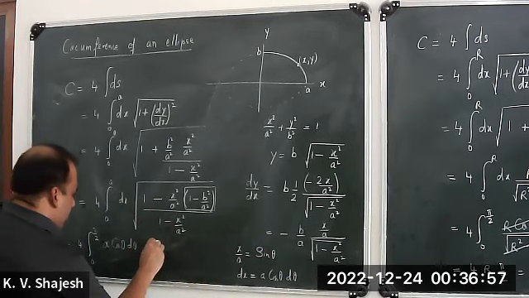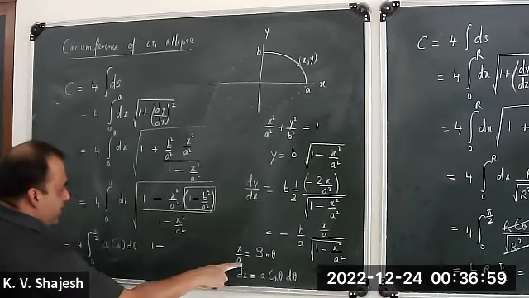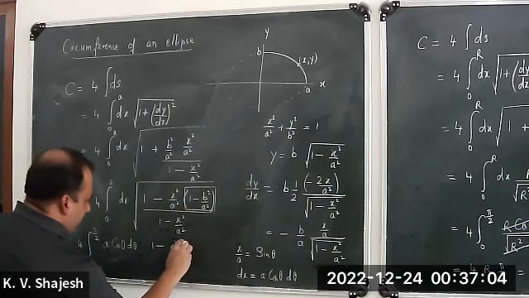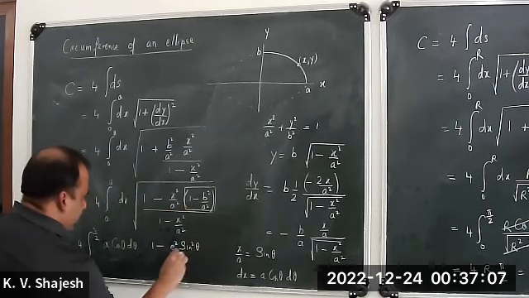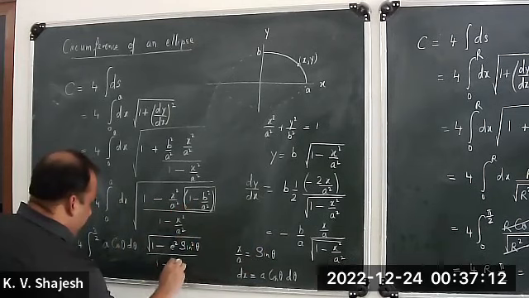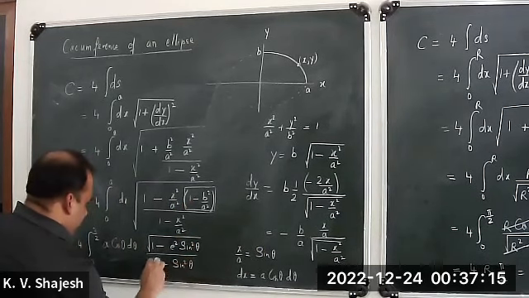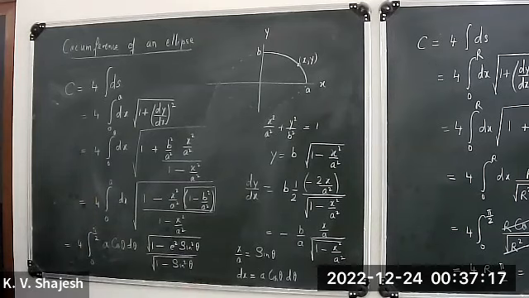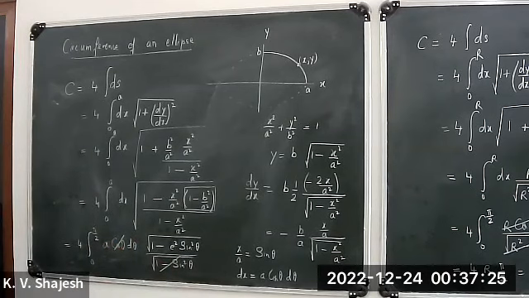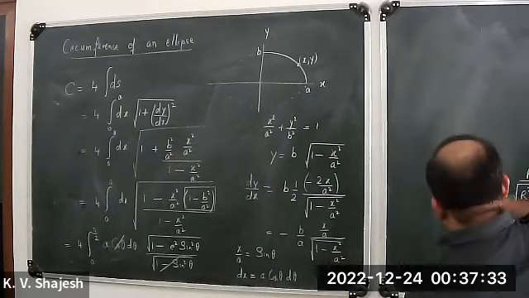This is 1 minus e square sine square theta, because x over a is sine theta, and in the denominator, that's 1 minus sine square theta. Is that algebra clear? Cosine theta cancels out with the 1 minus sine square theta. And whatever is remaining, put this.